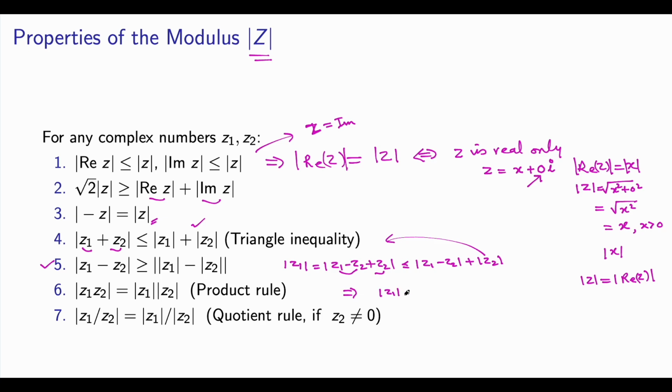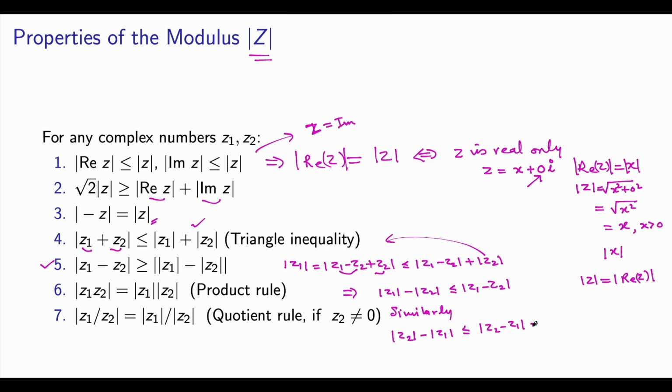Mod Z1 minus mod Z2 is less than or equal to mod Z1 minus Z2. Similarly, I'm writing mod Z2 minus mod Z1 is less than or equal to mod Z2 minus Z1.